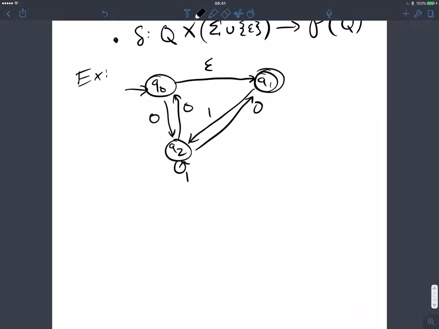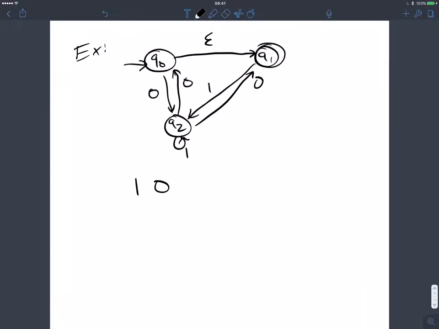So let's look at the input, I don't know, 1, 0. Keep it simple. So what state do I have to start in? Q0, always. Well, let's see.